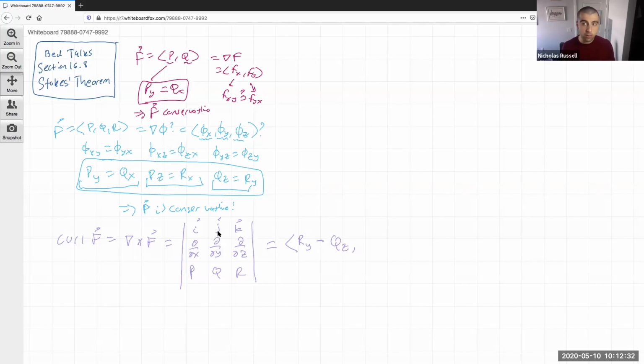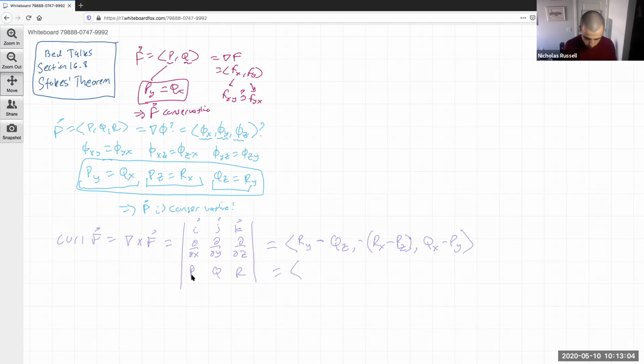For the j component here, I'm now going to take the negative out in front: the derivative of R with respect to x, minus the derivative of P with respect to z. And lastly, the last component is the k component, which is Q with respect to x minus P with respect to y.